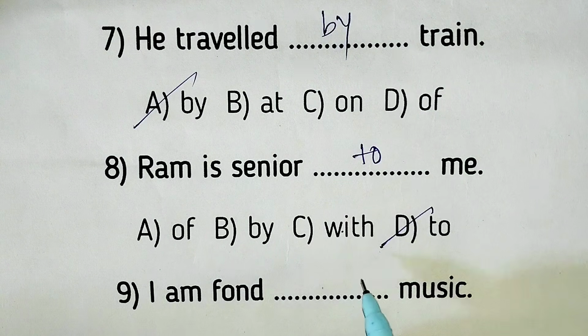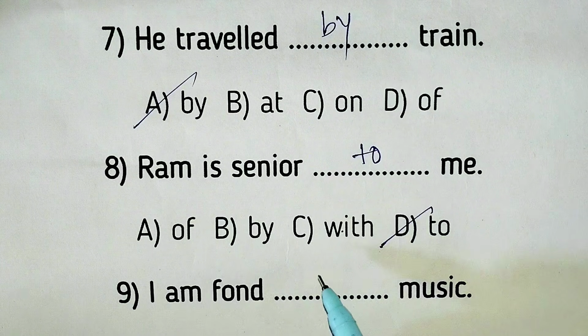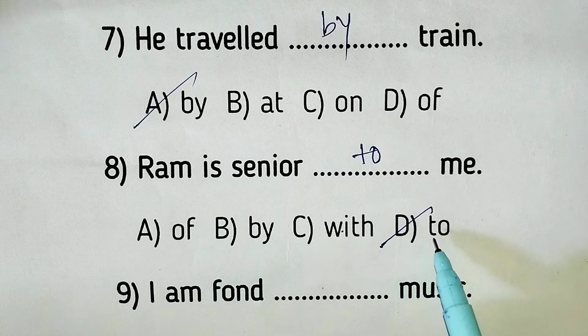Actually, senior to is always used to compare a position, a post, etc. You can say junior to me, senior to me, superior to me, elder to me, etc. So the right answer is option D, to.